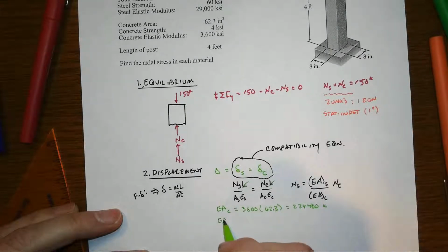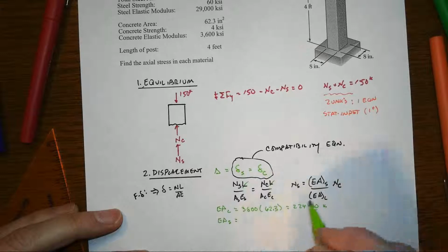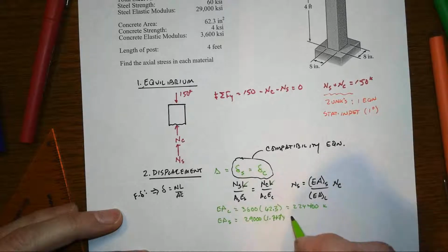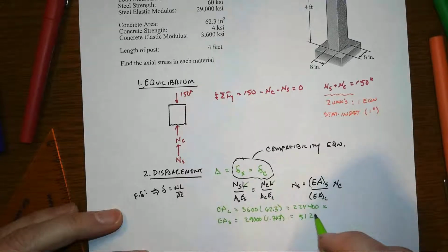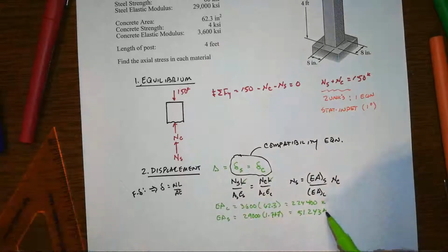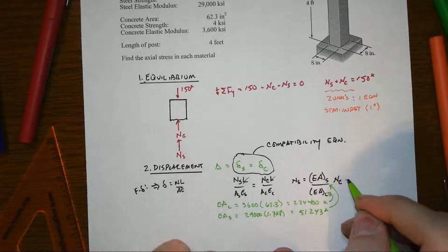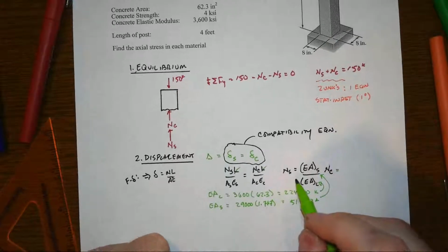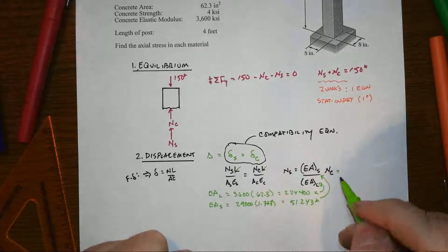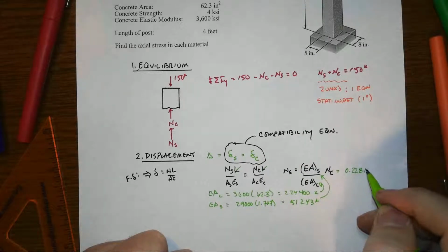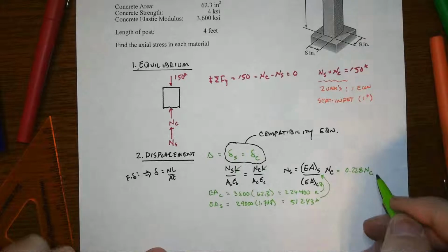And EA for the steel, now I wish I would have reversed that order here, but that's 29,000 times 1.767, that equals 51,243 kips. Right, so we plug those in, and we find out that then axial force in the steel is equal to 0.228 or so of the axial force in the concrete.